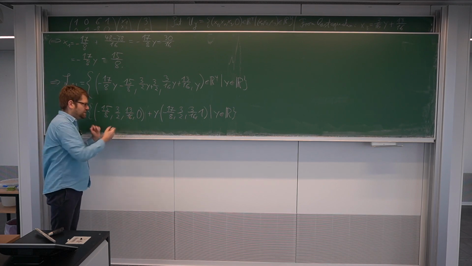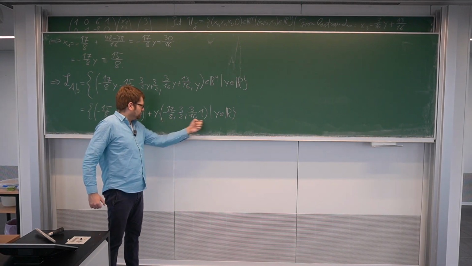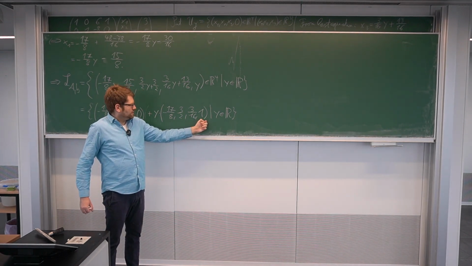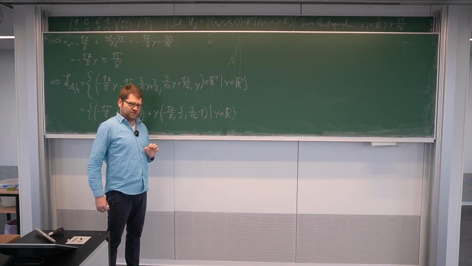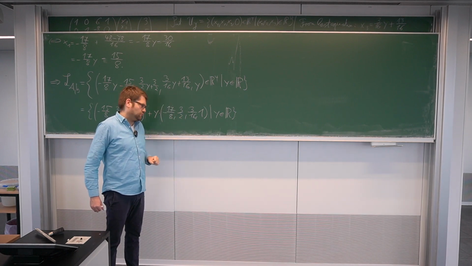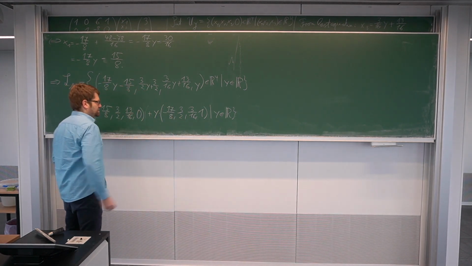So we have this point plus the span of this particular vector here. So it turns out that the span of this is then the set of solutions of the homogeneous equation, so correspondingly when everything is 0 on the right-hand side. So this is how I get this really as a decomposition in these terms.